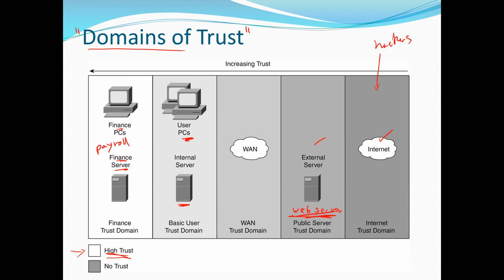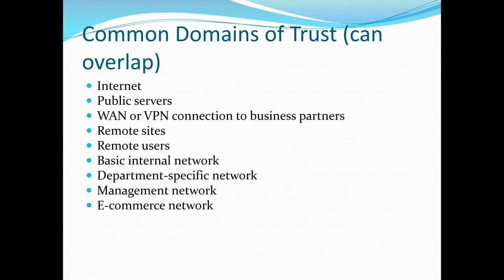Given that we have a domain of trust, now we want to see how it would segment out. Here this provides various domains of varying levels of trust, from e-commerce to the internet, public servers to department-specific networks and everything in between.